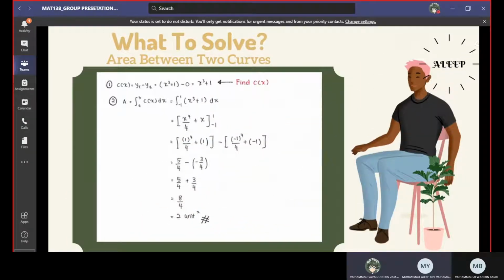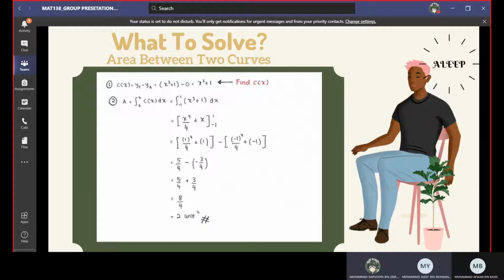So first, to find the area, we must find c(x). As I said, c(x) equals f(x) minus g(x), or y top minus y bottom. In the question, as we can see, the first function is y equals x cubed plus 1, and from the bottom we can find one straight line, which is y equals 0.